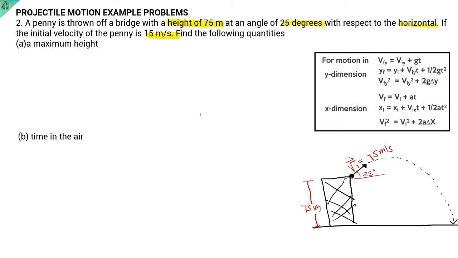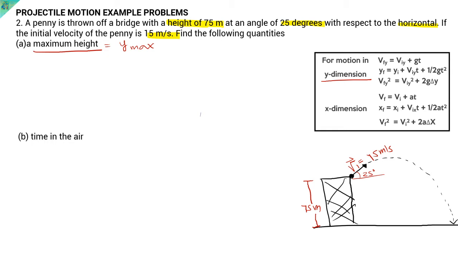Okay, so the first question is, what is the maximum height? And height is a dimension in terms of the y. Okay, so y, a dimension. And maximum height is actually y max. So what is our y max?